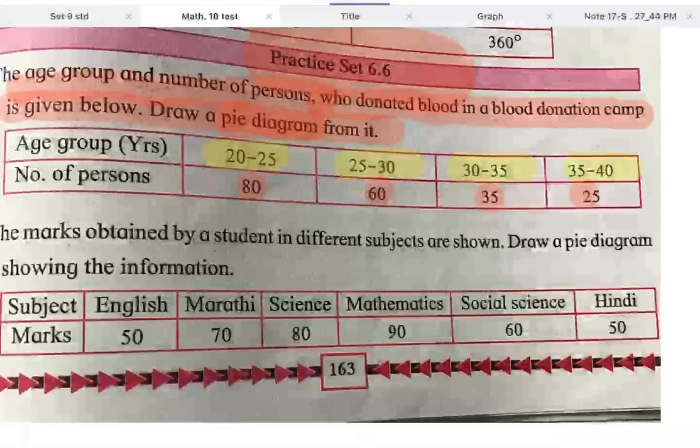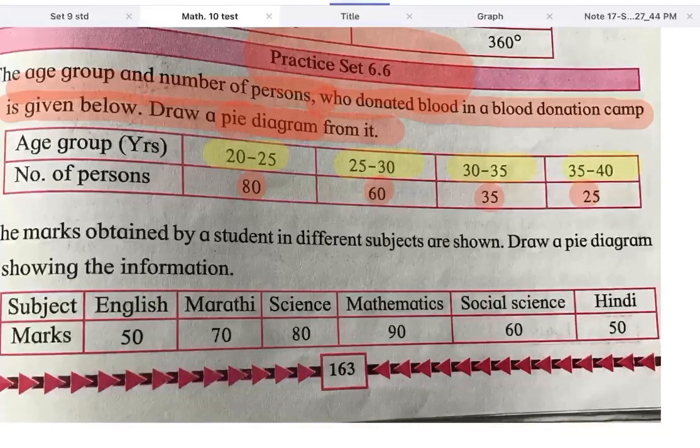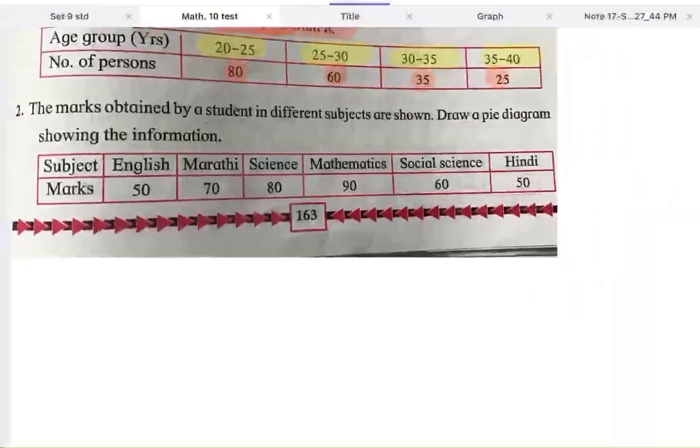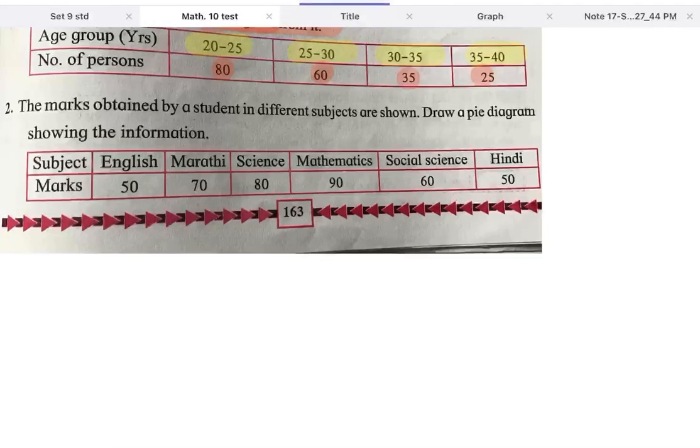Clear? Okay. So once again, I will check the situation. Okay, good. So for this, what is the required data? So quickly write down a table for it, because without a table we can't draw this.